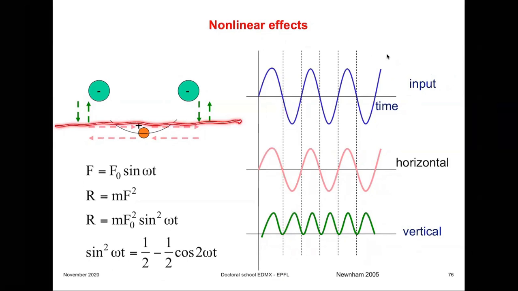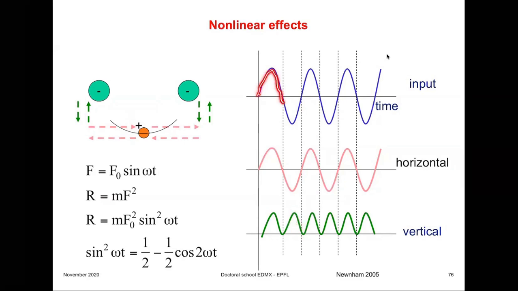Vertically, it always moves in a positive direction. Horizontally, it moves either in a negative or positive direction. Once we are here at a maximum, negative maximum for the force, we now go back. So being always in a negative direction, it goes back to 0. So from this point to here, while in the vertical direction, it goes from this maximum point back to 0. It goes from here to here.